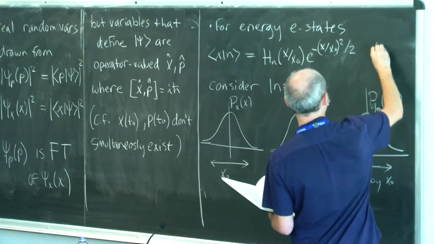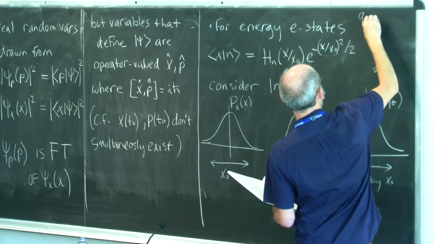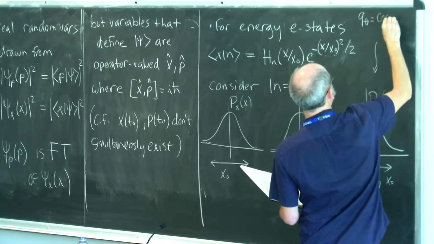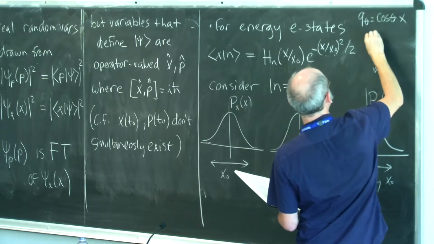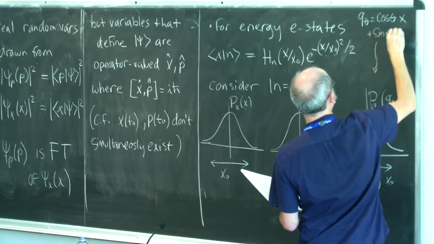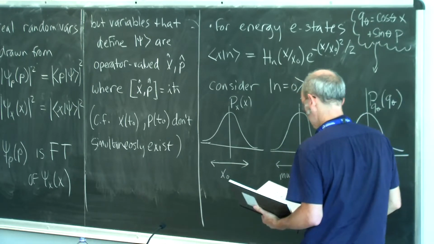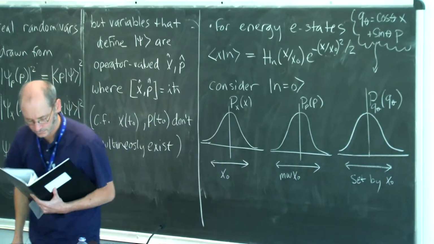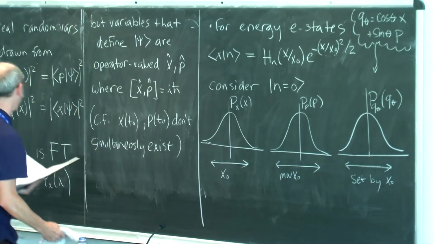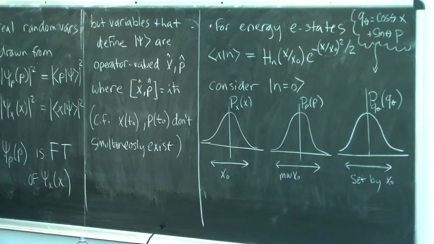Where we could define q sub theta as cosine of some angle theta times x plus sine of that angle times p. So a linear combination of x and p. So these are, I'm really just plotting the square of the ground state wave function for the harmonic oscillator.